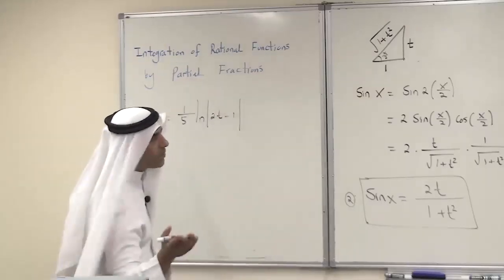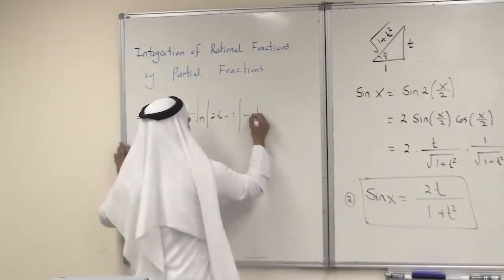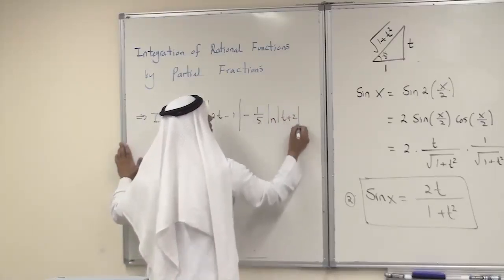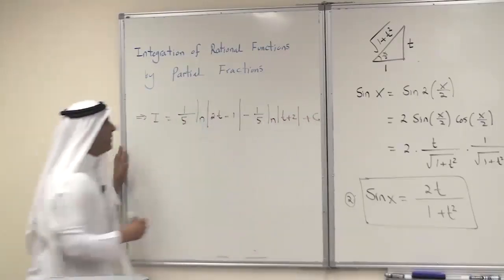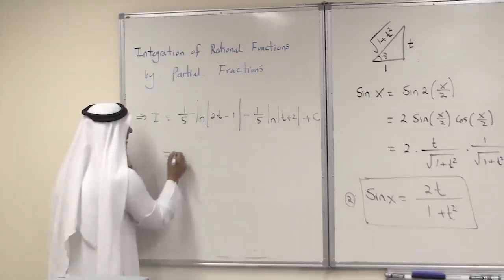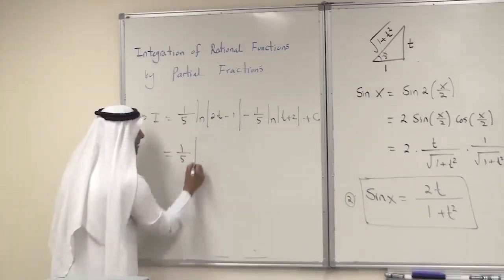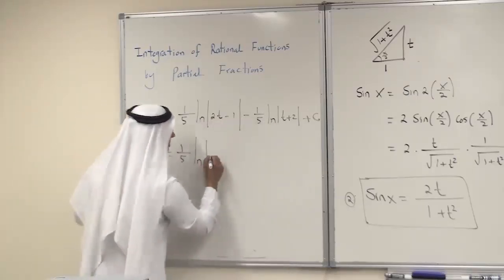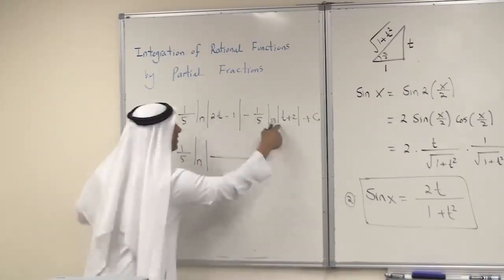Then for the other one, clearly it is minus 1 over 5 ln of absolute value of t plus 2, all plus constant of integration. You can rewrite this as 1 over 5 ln of absolute value of 2t minus 1 divided by t plus 2.